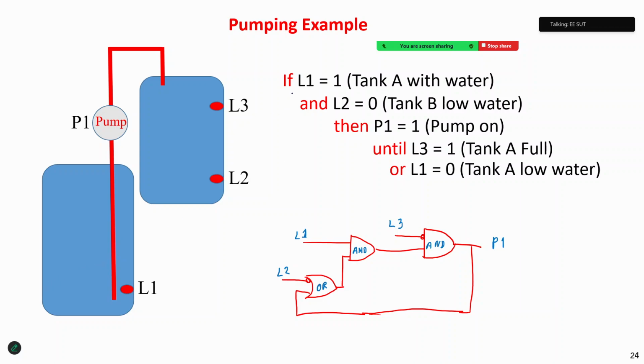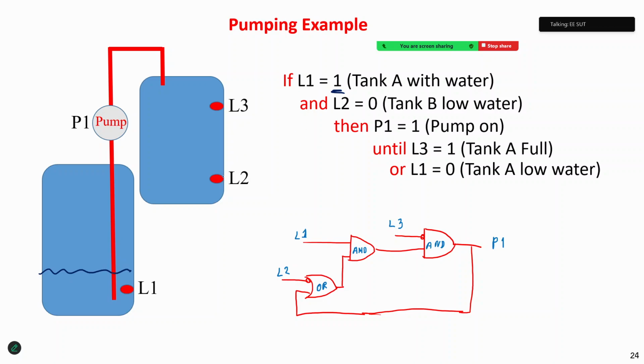If L1 is 1, it means the water is above L1, so we can pump. If the water is above L1, L1 is 1. If the water is below L1, L1 is 0. So the pump can only operate when L1 is on.